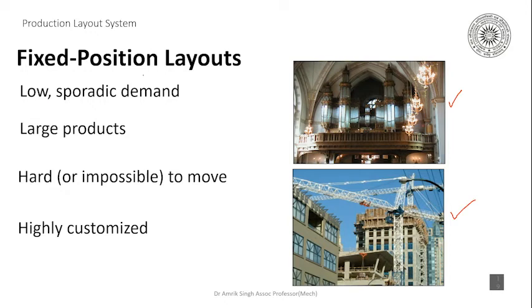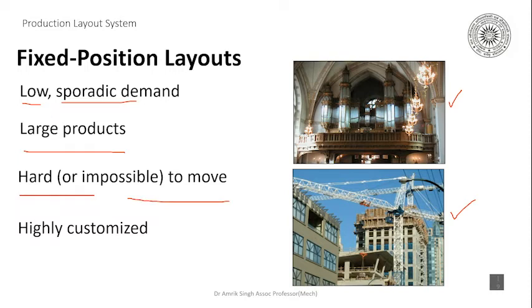It is normally for those items which are sporadic in demand. That means demand is very low. Today there is a requirement of making an airport, and the next time you make an airport may be after 10 or 20 years. So the products are large in size, very big products. And it is for those products which are impossible to move.